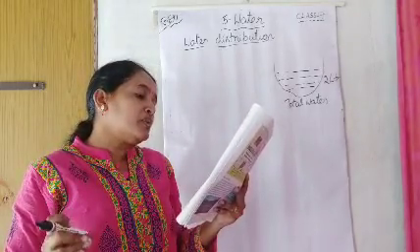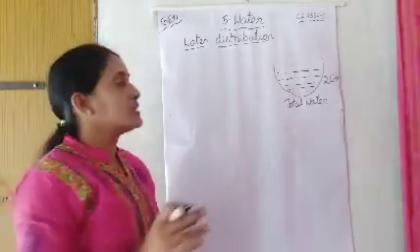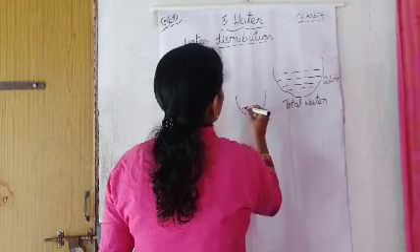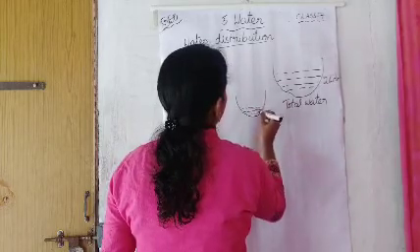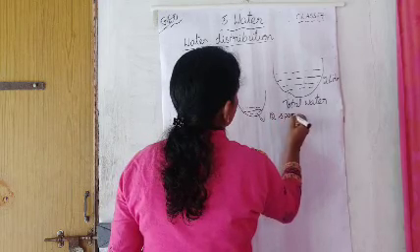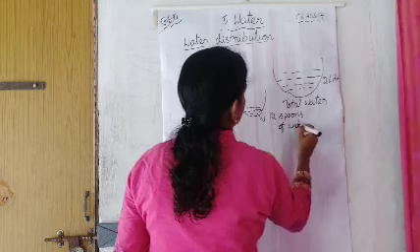Measure out 12 spoons of water from this vessel into another bowl. So take a spoon and take 12 spoons of water.